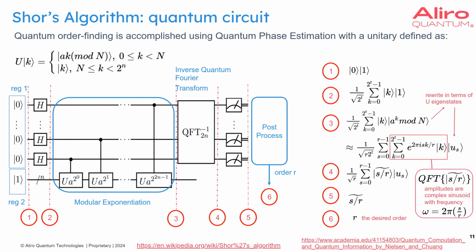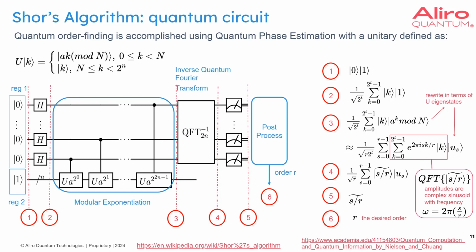Now, implicitly, we can rewrite this function. And by the way, this algorithm is taken directly from Nielsen and Chuang with a slight notation change to be consistent with my diagram to the left. But essentially, we can rewrite the ket state associated with the lower register, which encompasses our modular exponentiation function, in terms of the eigenvectors of our operator.